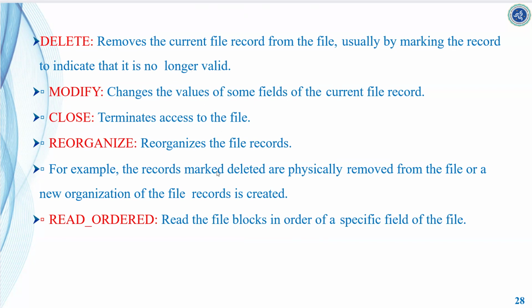Reorganize means the records marked deleted are physically removed from the file, and we can have a new organization of the file when it is created. Next is read ordered, where we can order the file blocks based upon a specific field or attribute.